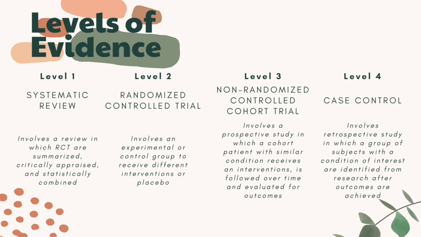Some of those keywords and involves an experimental or control group. Well, that's level 2, that's randomized control trials, while level 3 is a prospective study versus level 4, which is a retrospective study. I just think these are quick, easy questions you could get correct.